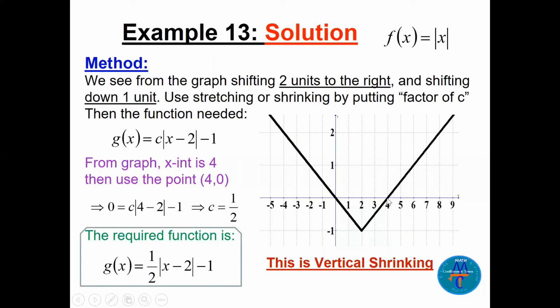So we just take a point on the graph, like (4, 0). So I put g is 0 here for the y. c, we leave it here. x, I put 4. 4 minus 2 minus 1. Simplify, take 1 to the other side. c will be 1/2. So that's the function. So this is a vertical shrinking because the number outside is less than 1. That will take care of everything in the transformation.